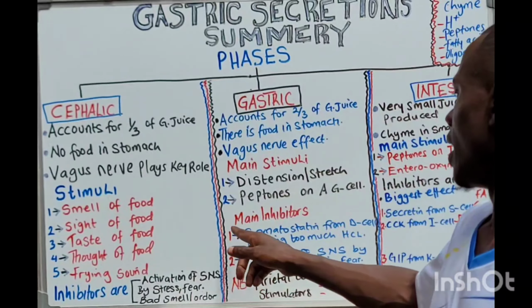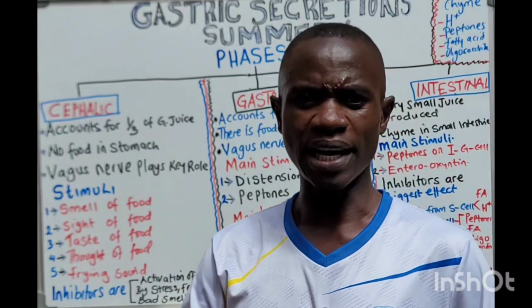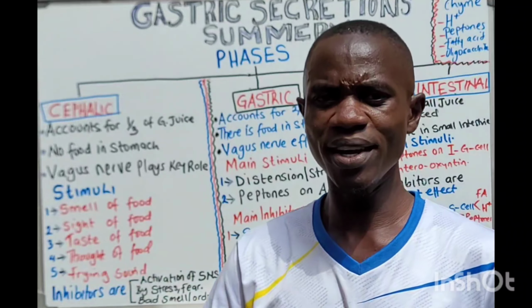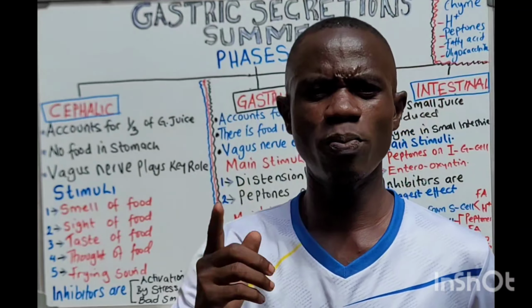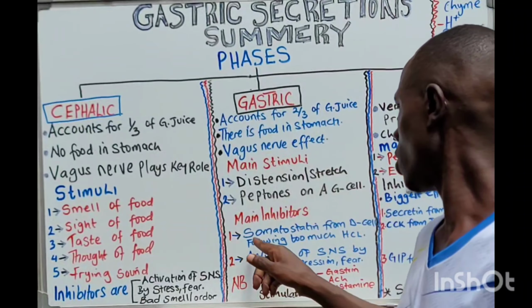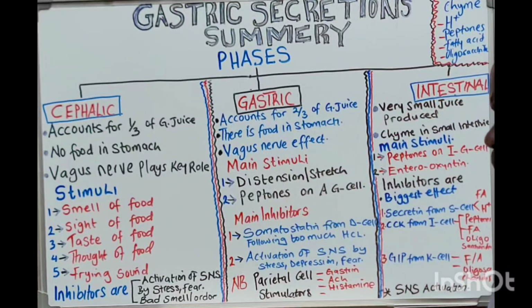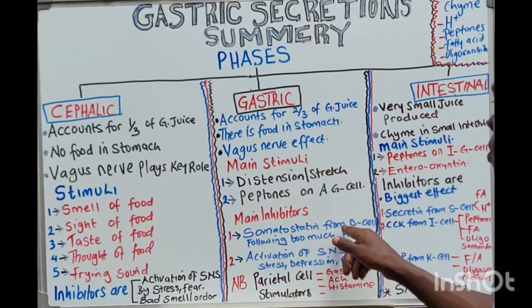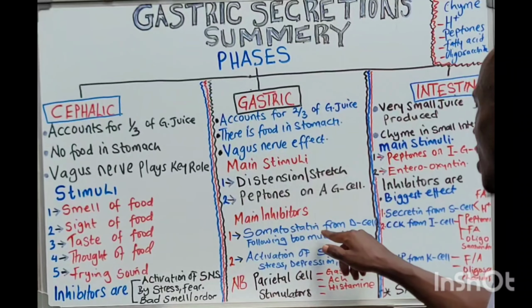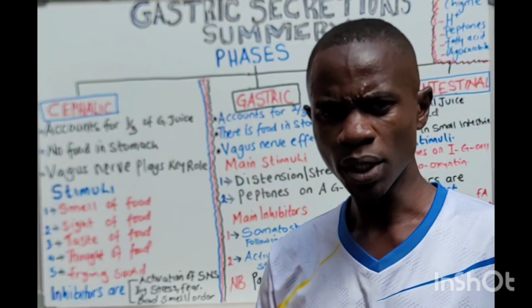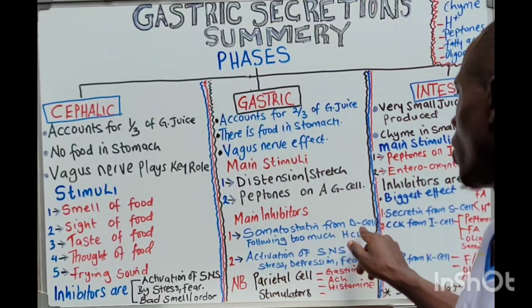Okay. And now, when we talk of the main inhibitors of gastric secretions during the gastric phase, the first one, which is very dangerous, is somatostatin. Somatostatin comes from the D cell. Now, how is somatostatin produced?